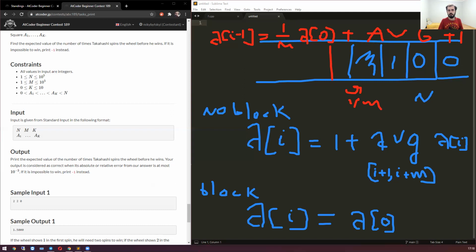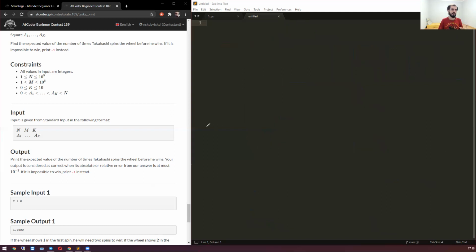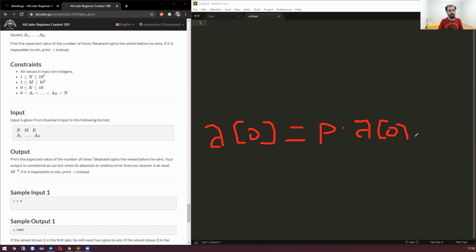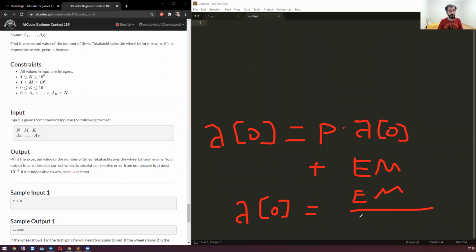And when you get to the very beginning, you get something like A_0 equals some probability times A_0, the probability of restart, plus some number, the expected number of moves. It's a linear equation, so you get A_0 equals expected number of moves over 1 minus b.